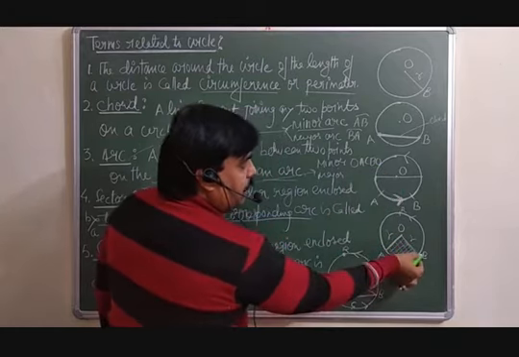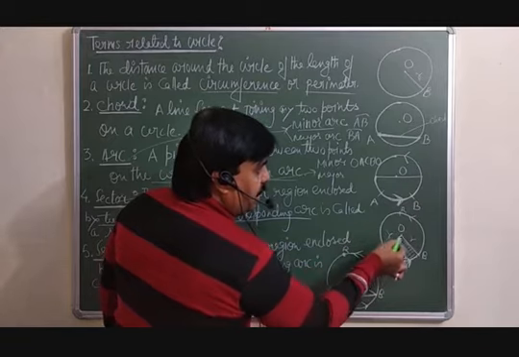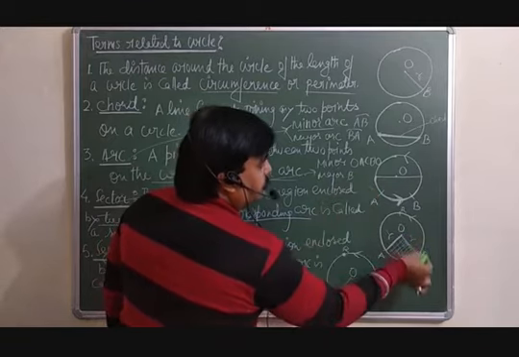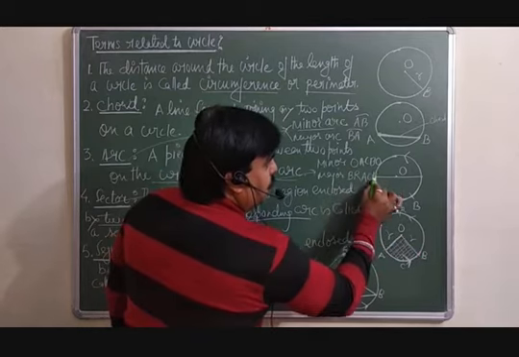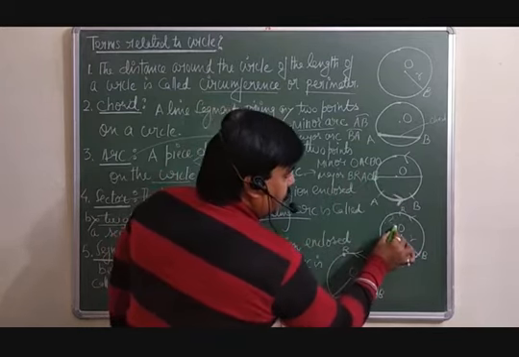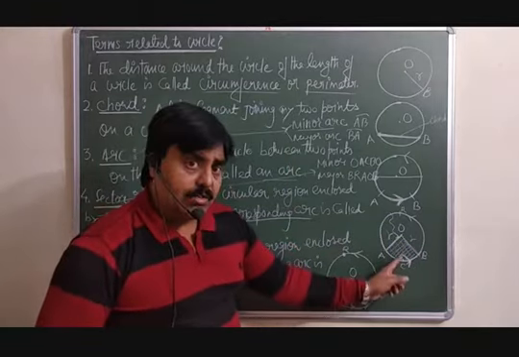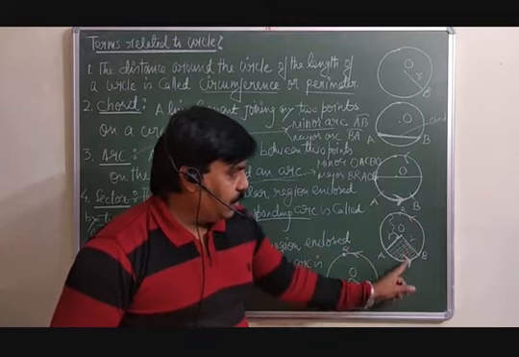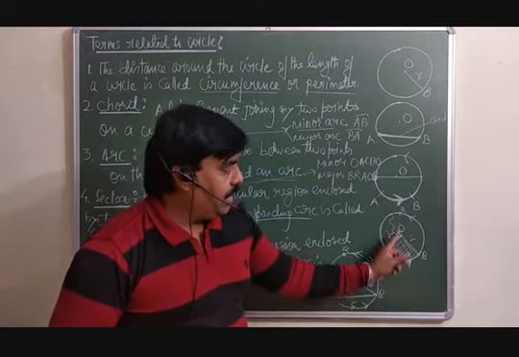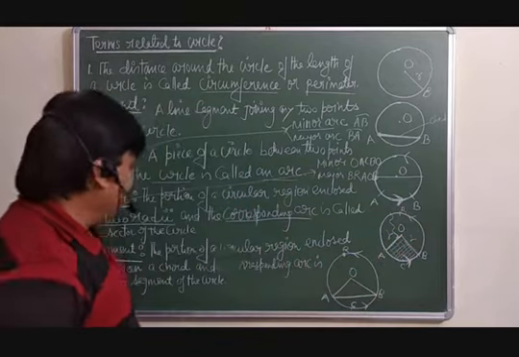If we write BRAOB, B then R, A, O and B, then we are talking about this major sector only. So for the minor and major sector also, this arrow makes the difference. Arrow helps a lot, and you can take any one of the points to make the difference in minor and major.